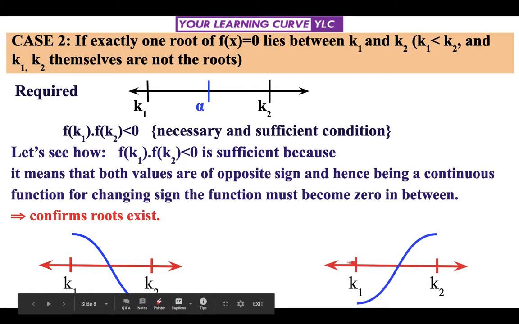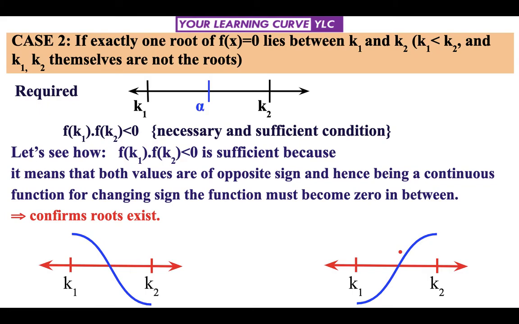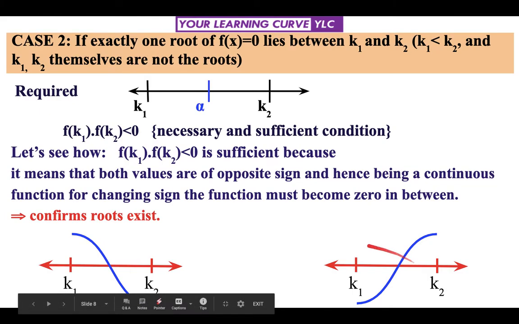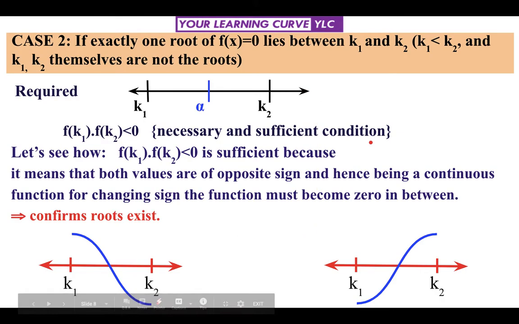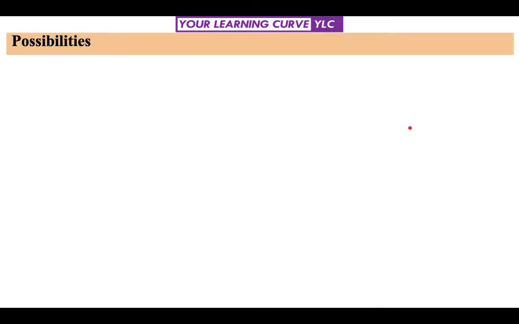Second case, if f of K1 is negative and f of K2 is positive, still when the graph is increasing from a negative to a positive point, it has to attain the value 0 between K1 and K2. So there will definitely be one root and only one root between K1 and K2.